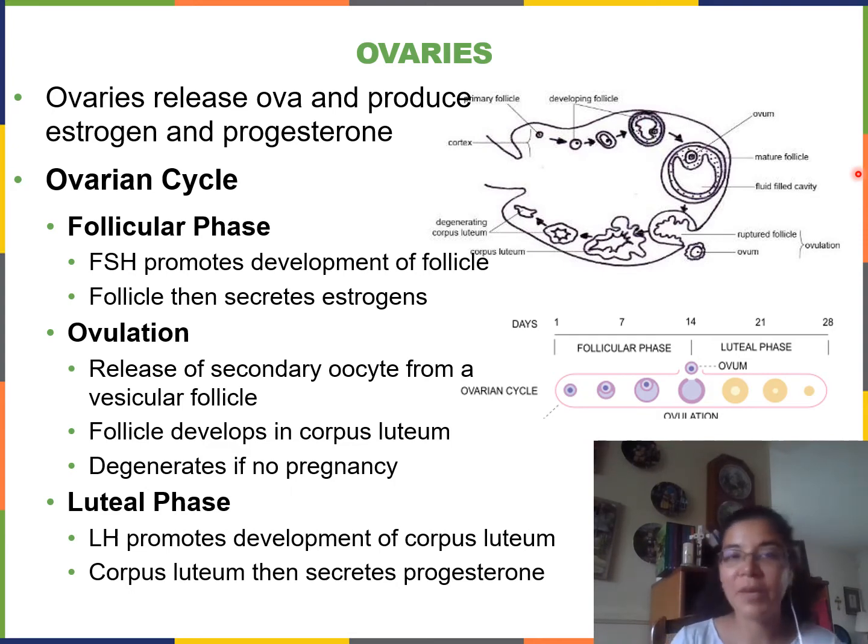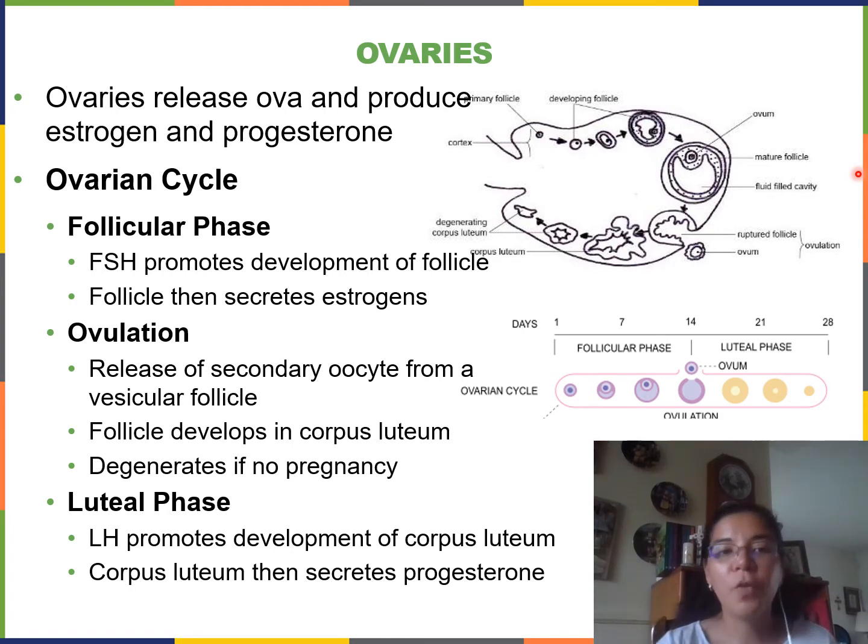Whereas for males, spermatogenesis takes about 9 weeks, and it's a continuous process. For females, there's about 500,000 eggs already in a suspended form of meiosis in the ovaries when a female fetus is born, and those are all the eggs that will ever form.